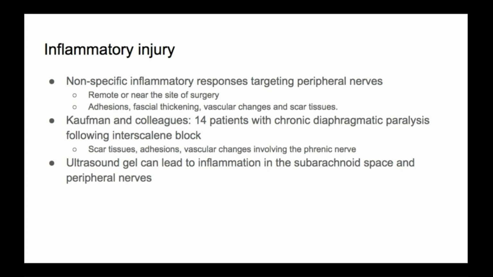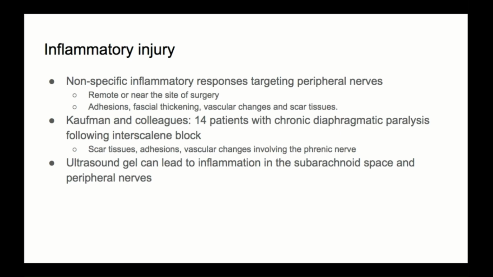This inflammatory response subsequently causes adhesions, fascial thickening, changes in the vasculature, and formation of scar tissue. In 14 patients with chronic diaphragmatic paralysis post-interscalene block, they found scar tissue, vascular changes, and adhesions around the phrenic nerve, which are suggestive of chronic inflammatory changes.